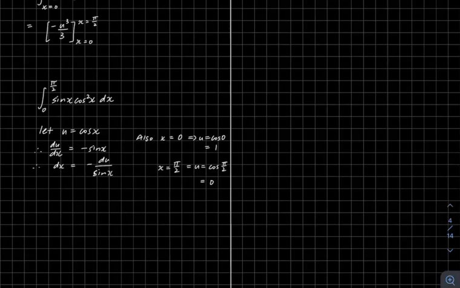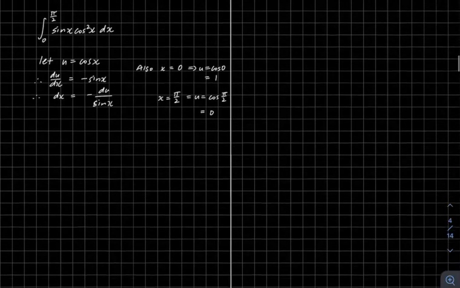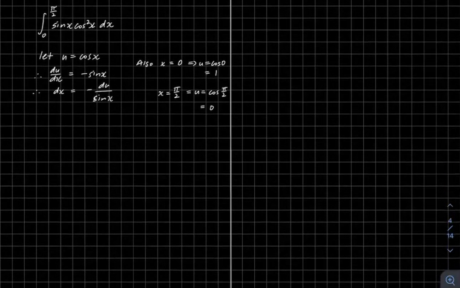So if we do it that way, then when we get down to the stage where we're saying definite integral from 0 to pi on 2 of, not cos, sine x cos squared x dx is going to be equal to, now because I'm changing the variable to u, I'm also going to change the bound.